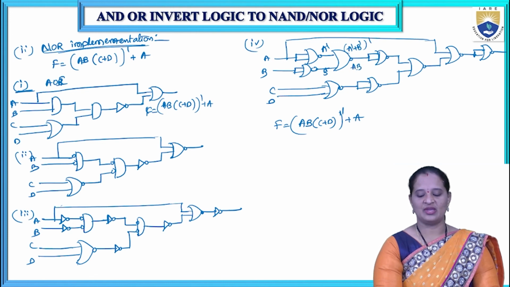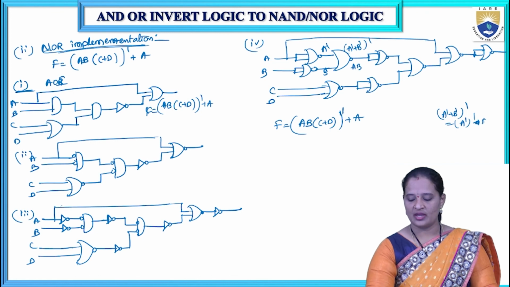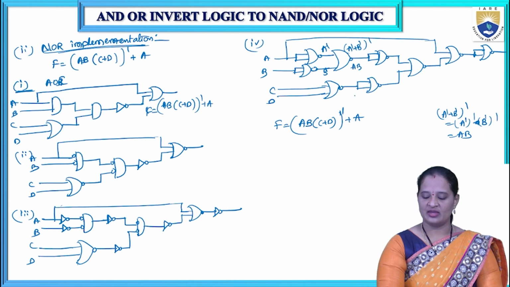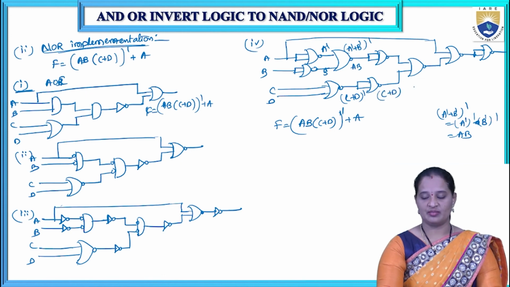I'll get AB. What about this one? Because (A bar plus B bar) whole bar, if I apply De Morgan's law, A bar whole bar, this plus will be changed to dot, and B bar whole bar, that is AB. We will be getting AB here, whereas this one is (C plus D) whole complement, and it is again complemented here. C plus D, we'll be getting C plus D here.